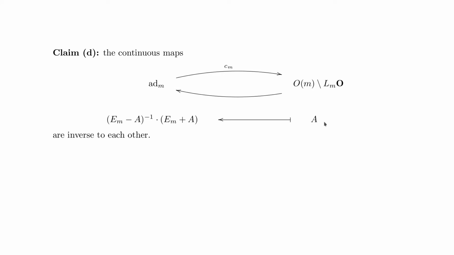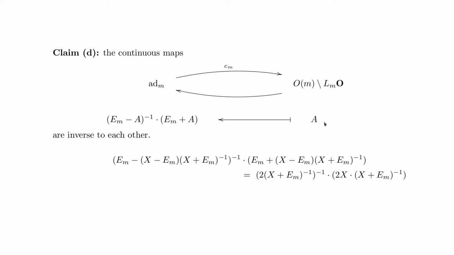Our final claim is that the Cayley transform is inverse to the map we've considered in the previous part. This again is an elementary manipulation with matrices, although it's a little bit more complicated. This long expression is what we get when we first apply the Cayley transform to a skew-symmetric matrix X and then the map in the other direction. In this long expression, the first factor simplifies to 2 times (X plus E_m) inverse and the whole thing inverse, and the second factor expands to 2 times (X plus E_m) inverse.